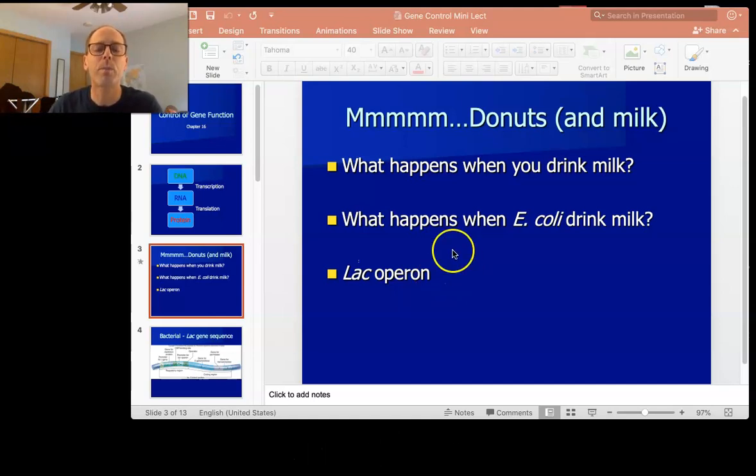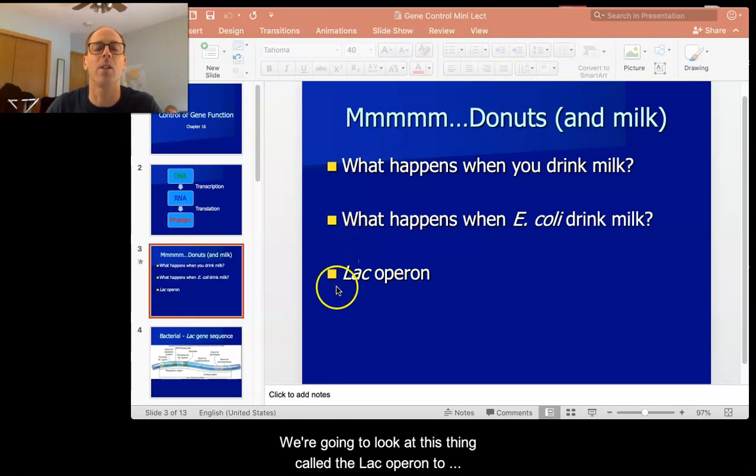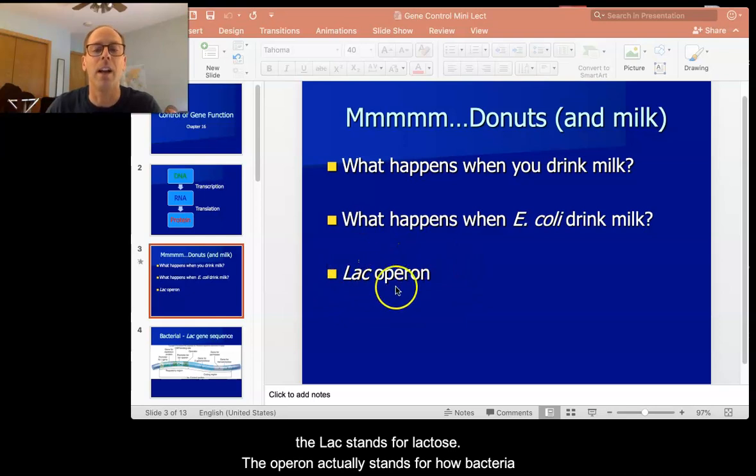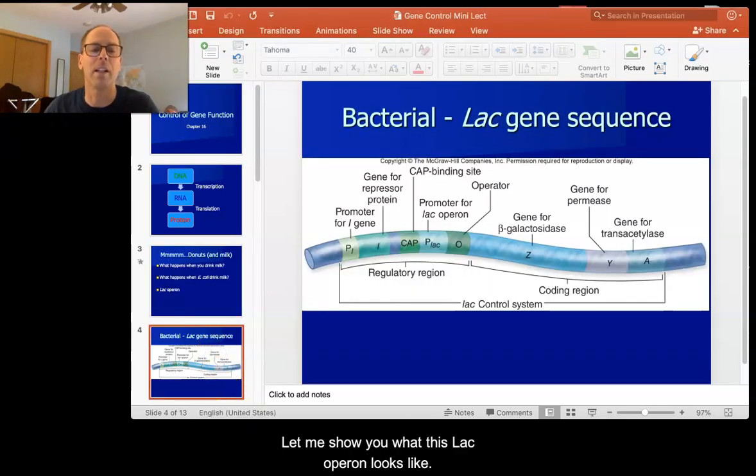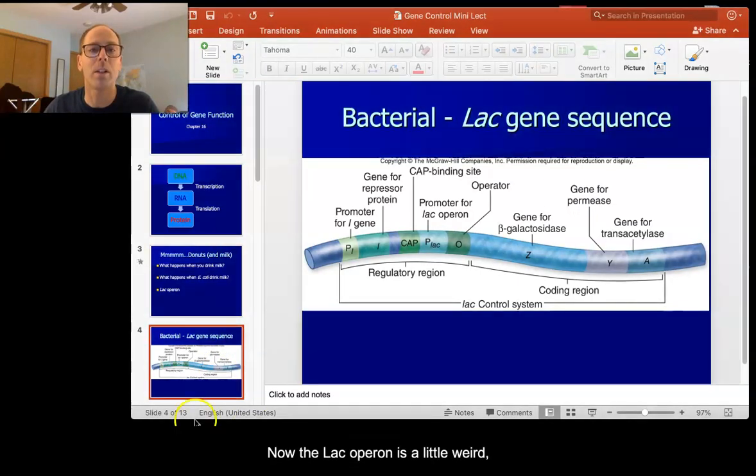And so we're going to look at this thing called the Lac Operon. The Lac stands for lactose. The Operon actually stands for how bacteria work their genes, and we understand this pretty well because we've been studying bacteria for a while. So let me show you what this Lac Operon looks like. Now, the Lac Operon is a little weird. The Lac Operon actually consists of two things here.